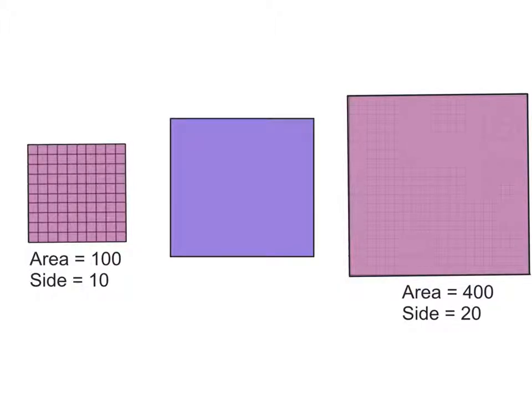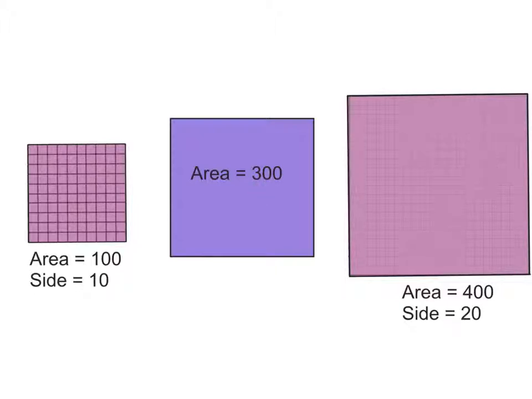Now I have a square here where I don't have boxes on the inside, so I can't just quickly count the area. So let's pick an area in between 100 and 400. Let's pretend that the area of this square is 300. I don't know what the side length of this square would be, and this definitely is not a perfect square number, but I know how I could find the side length.